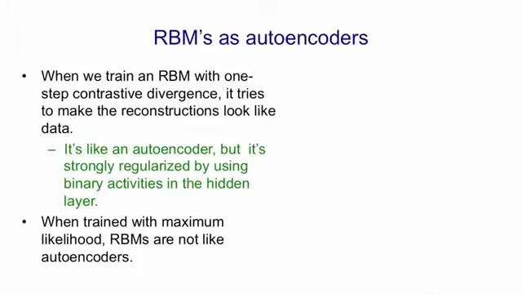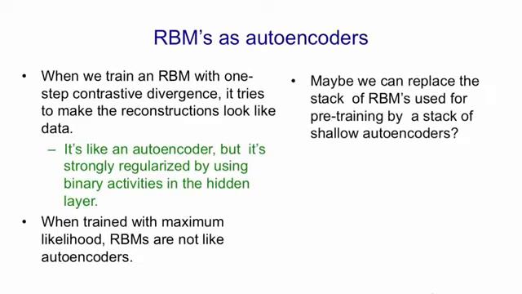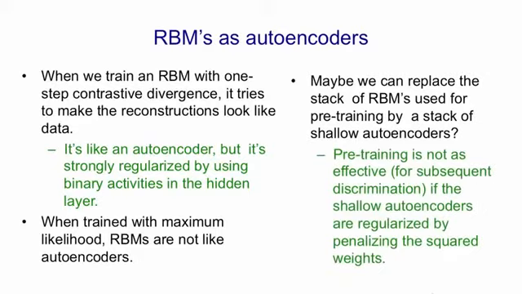So since we can view a restricted Boltzmann machine as a kind of strongly regularized autoencoder, maybe we can replace the RBMs that we use for pre-training with a stack of autoencoders. It turns out that if you do that, pre-training is not as effective. At least that's true if you use shallow autoencoders that are regularized just by penalizing the squared weights.